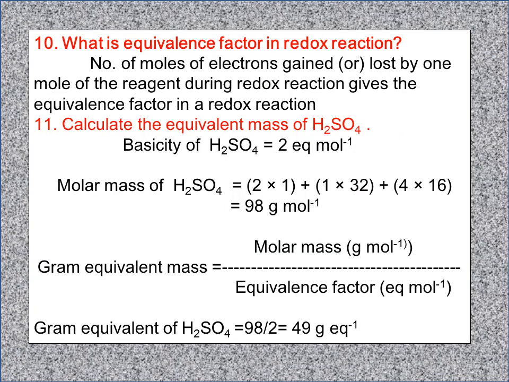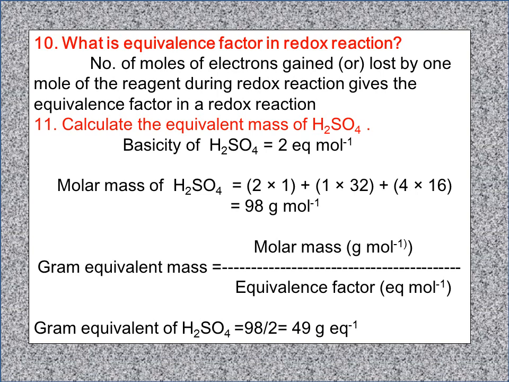Already I told you that equivalent mass can be calculated using the formula molecular mass by equivalence factor. This equivalence factor for a redox reaction is nothing but the number of moles of electrons gained or lost by 1 mole of the reagent during the redox reaction.